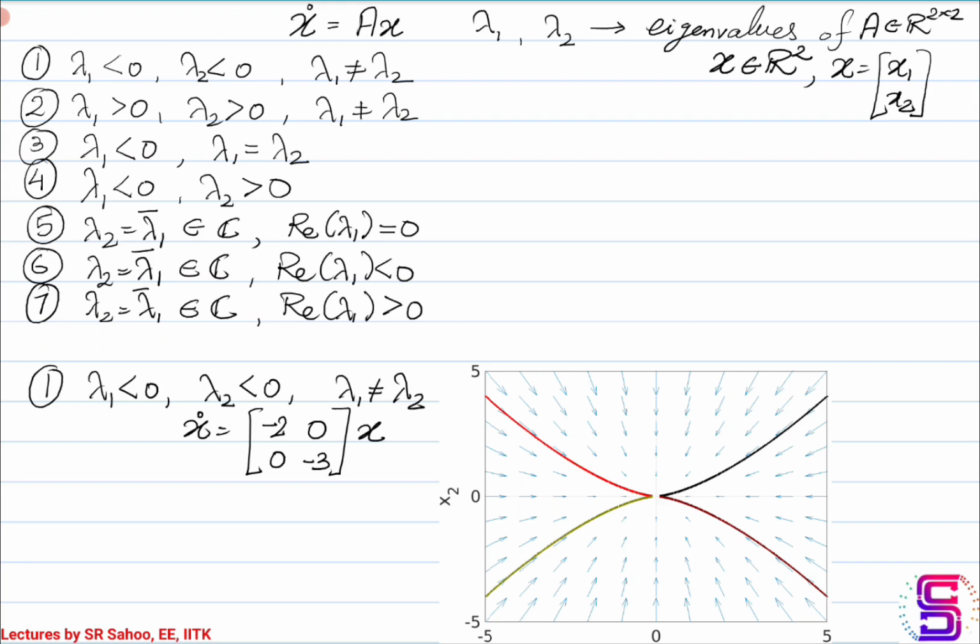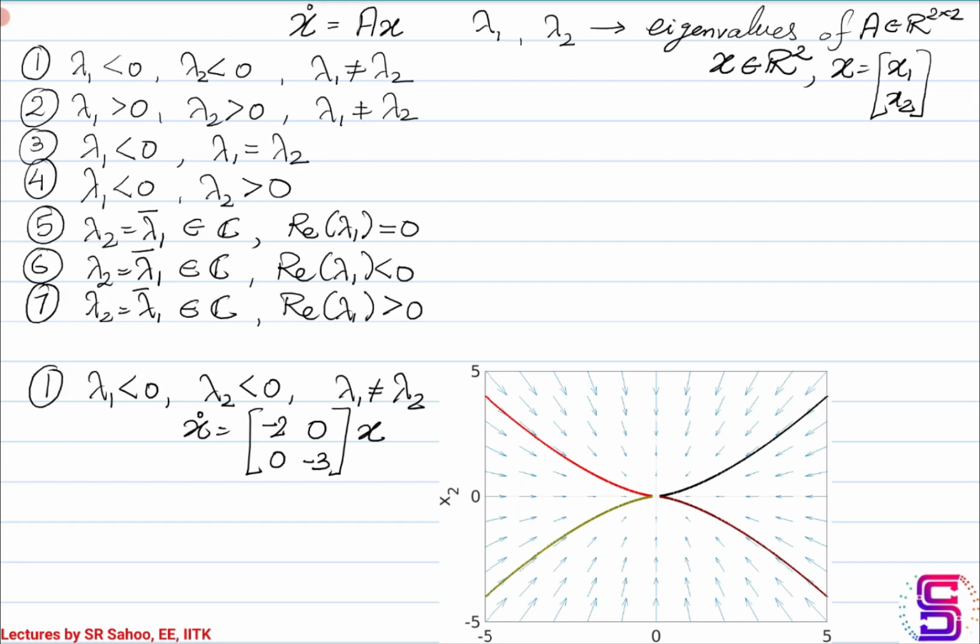So either lambda 1 is 0, or lambda 2 is 0, or both are 0. I'll leave it up to you to explore how the vector fields and the phase portrait for such systems would look.